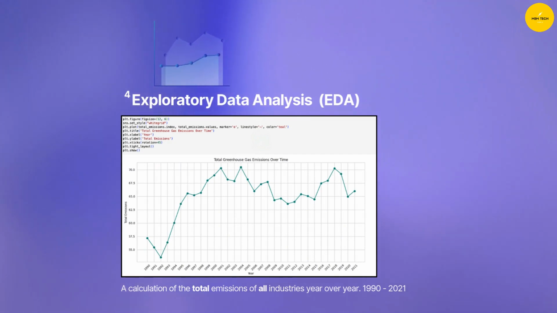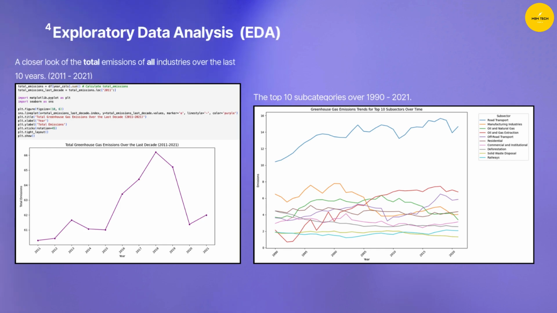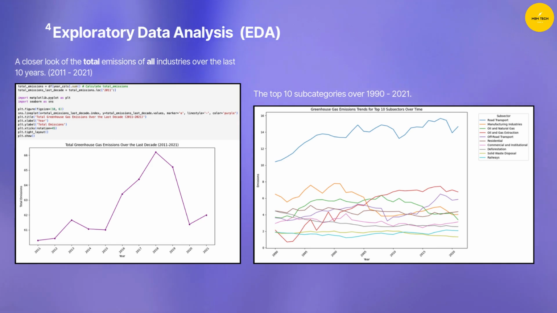So the exploratory data analysis. And this is a closer look at the total emissions of all industries over the last 10 years, from 2011 to 2021. The top 10 subcategories over 1990 to 2021. So moving further into their subsectors, like road transport, manufacturing, oil and gas, and so on.